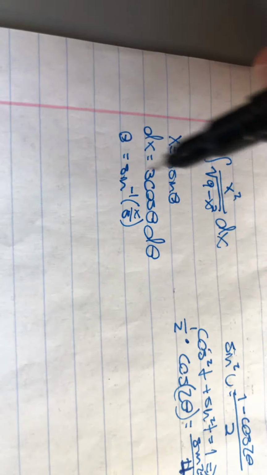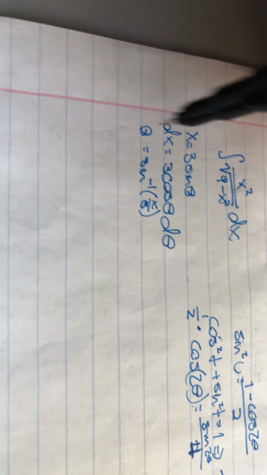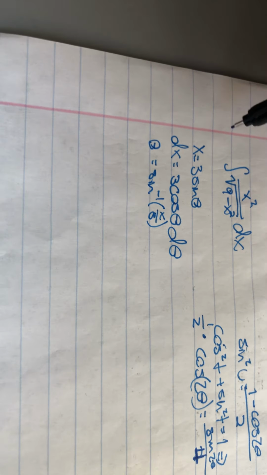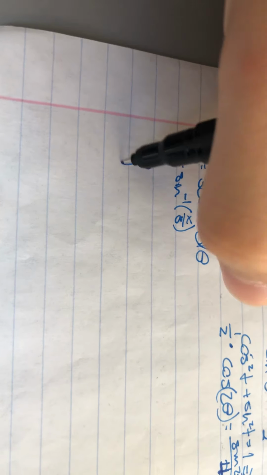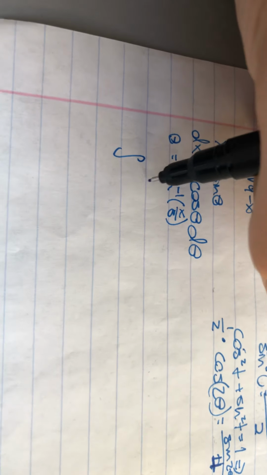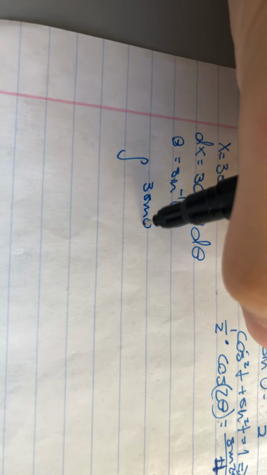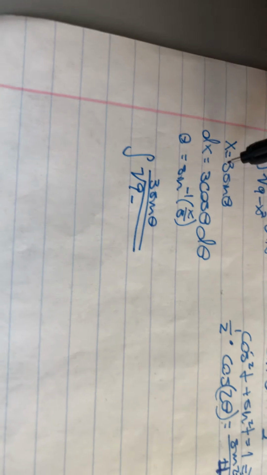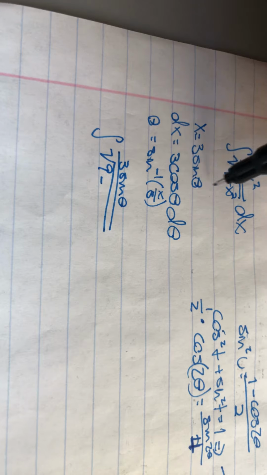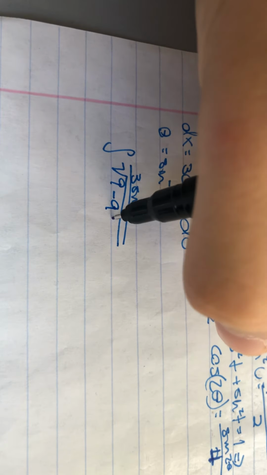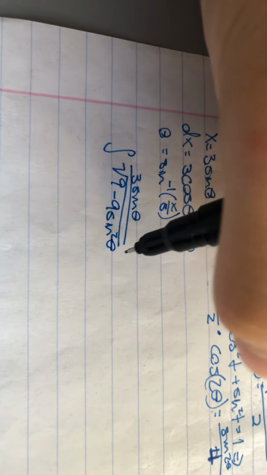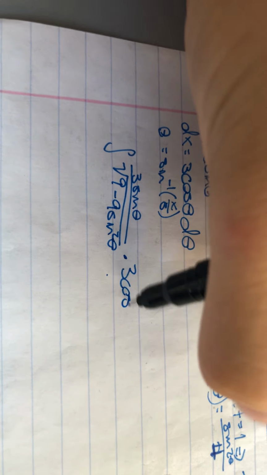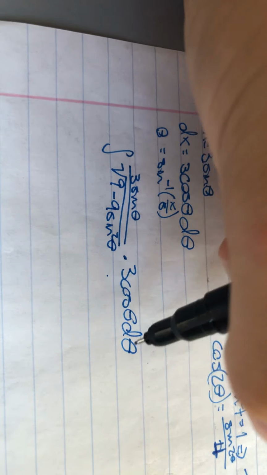Again, I chose x to be 3 sine of theta. That way when we square it, we can just take out the 9. So now we will have 3 sine of theta over the square root of 9 minus 3 sine theta squared. That would be 9 sine squared theta. dx is equal to 3 cosine theta d theta.